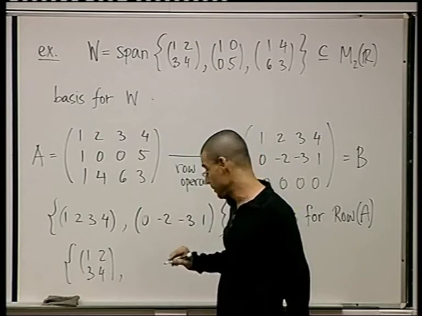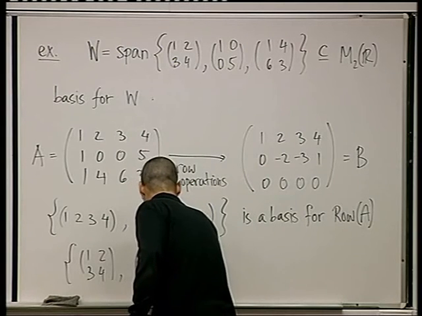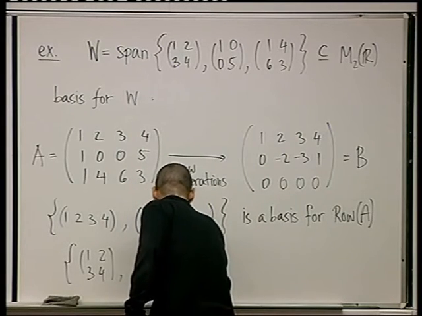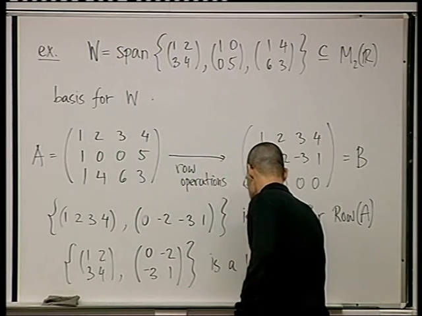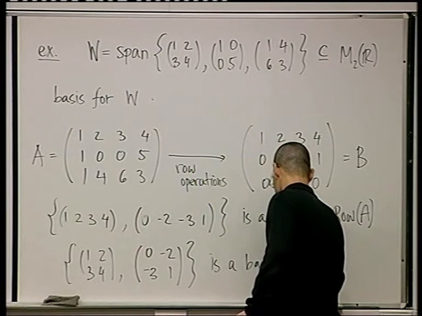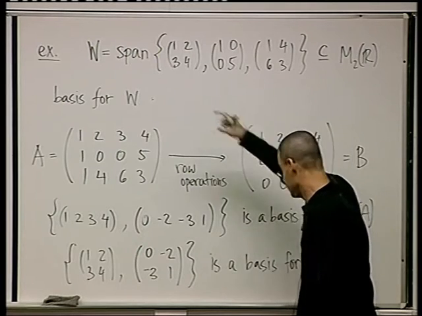That was what we talked about last time. So these two matrices are a basis for W.